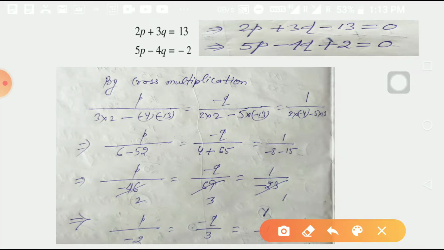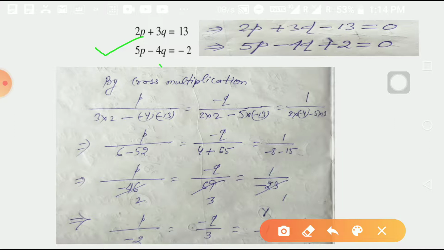Now we will solve these linear equations. But these are not in standard form, so we will convert these into standard form. 2p plus 3q equal to 13 will become 2p plus 3q minus 13 equal to 0.